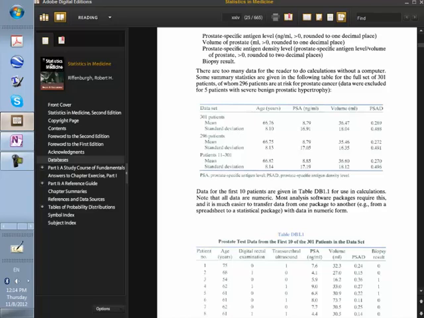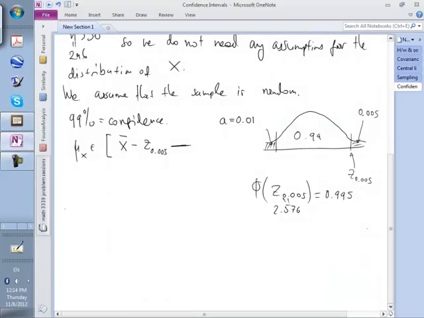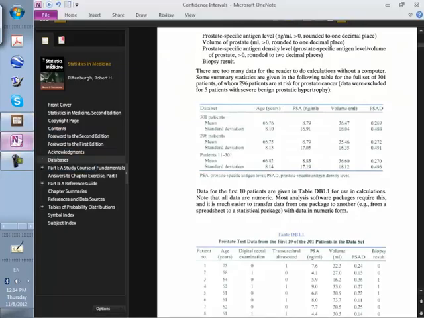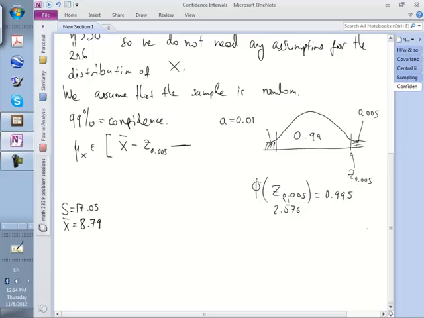It says standard deviation here, but what kind of standard deviation is this? It's the sample standard deviation, that's the S. So if we go back to our problem, here we have S equal to 17.05. The sample average, X bar, again is 8.79.